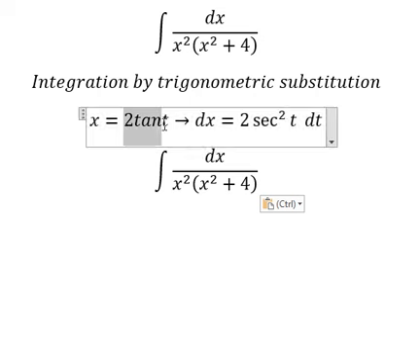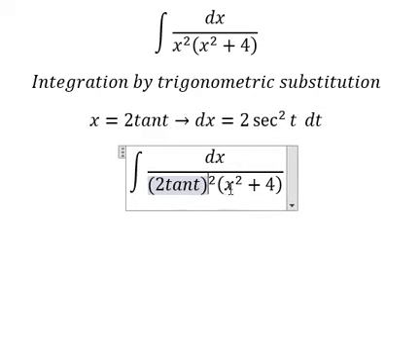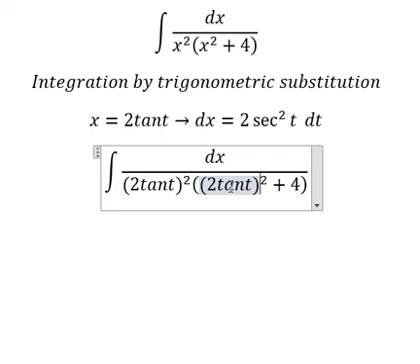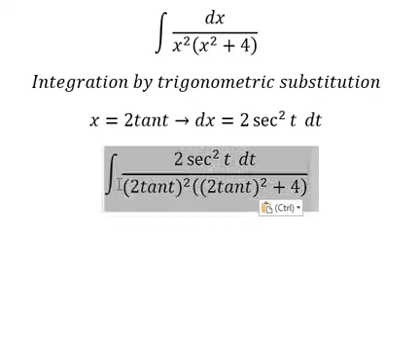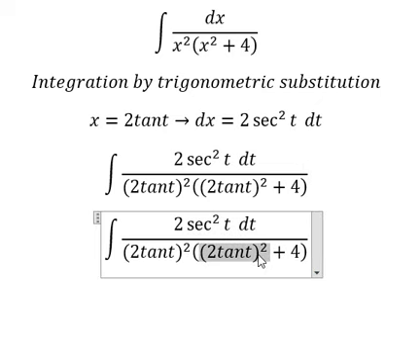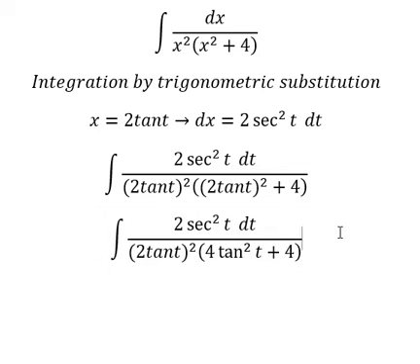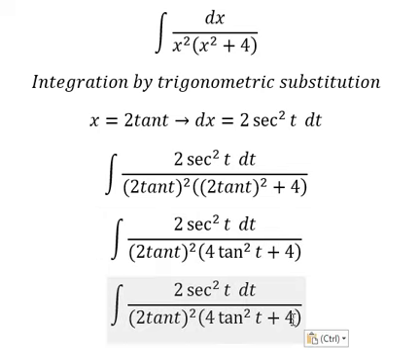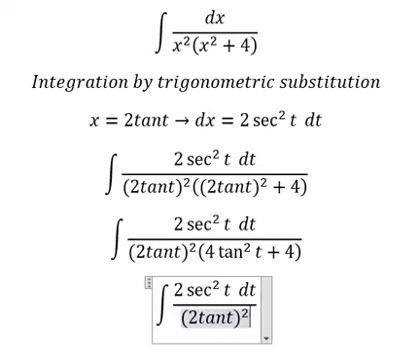So I will put this one here and here, ds, that is about this one. So we have 4 tan t squared, so 4 and 4, we can do factorization.